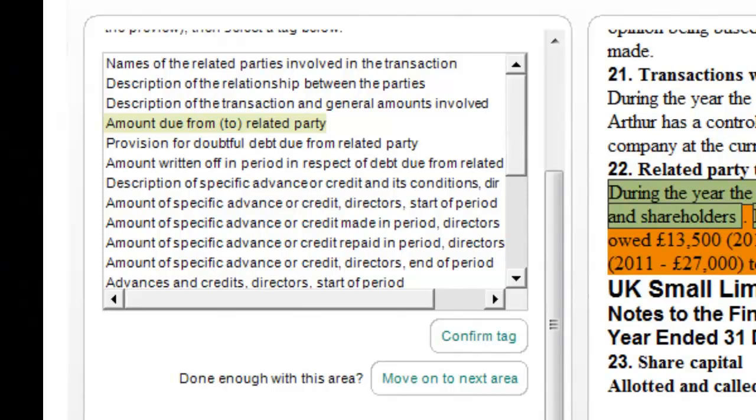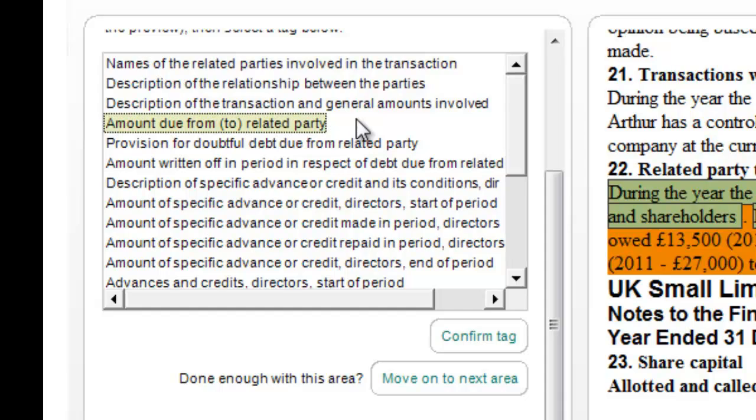We have a name of related party involved. We have a description of the relationship between the parties, and we have two amounts due to the related party, one for the current year and one for the comparative year.